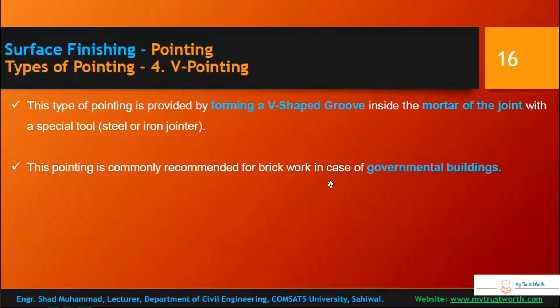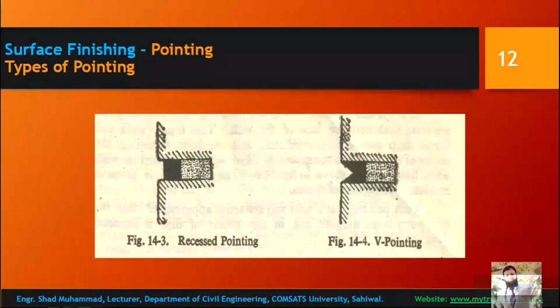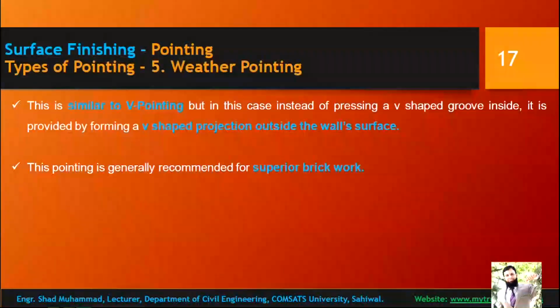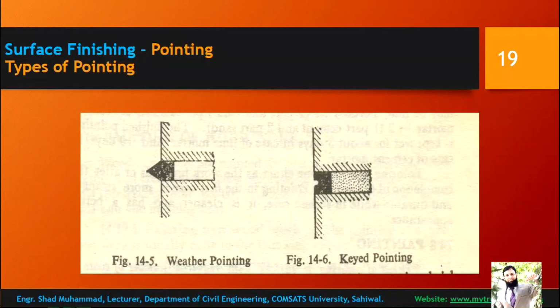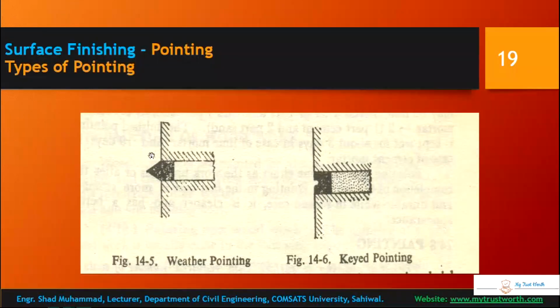You can see this weather pointing. All right, it is this one. This is weather pointing, V-shaped pointing but protruded outwards. Okay, durability of this type of pointing will be lower as compared to others, as this is having an external edge.